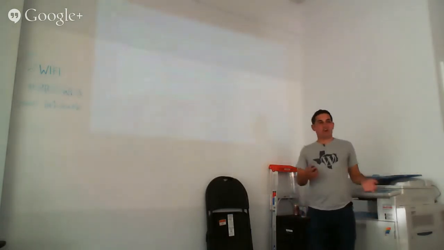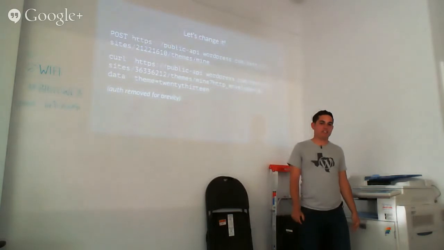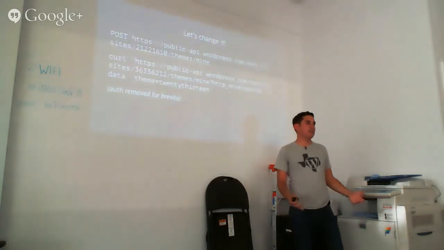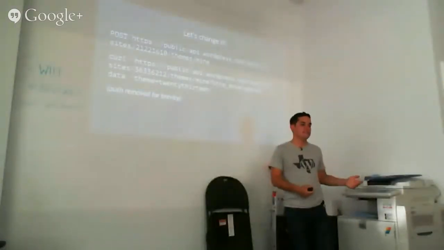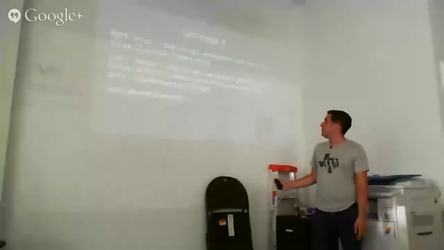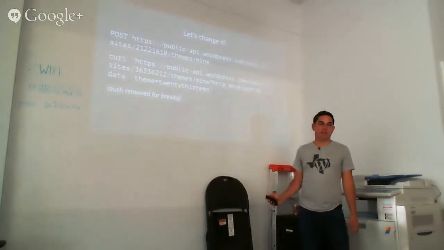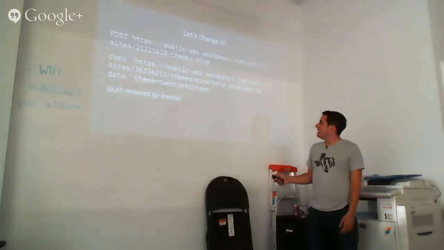But so far, all we've done is just gather some information. So what we're going to do now is actually go and change the theme. And since we're authenticated as an administrator on the site, we can actually do that. So it's going to be the same endpoint that we used last time, but instead of doing a GET request, this time we're doing a POST. And here I'm giving you an example of how you would do this from the command line instead of from PHP.